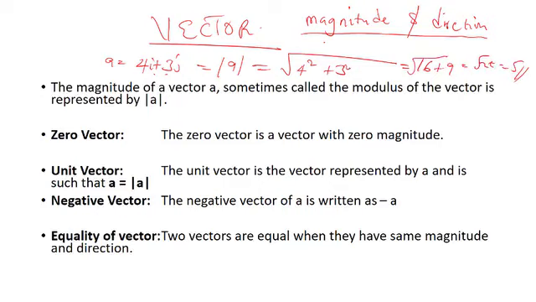So the magnitude is the square root of the sum of the squares of the individual components of the vector.